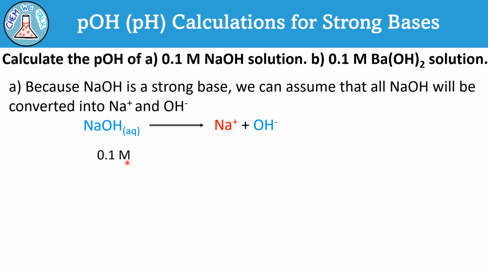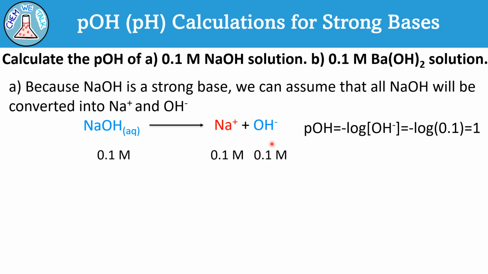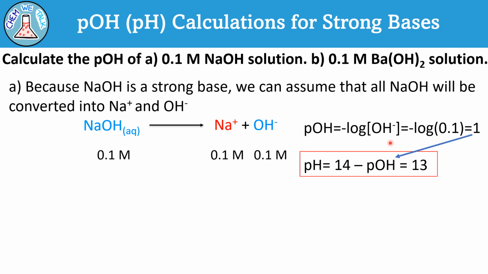So if we had 0.1 molar NaOH, that will break apart, producing 0.1 molar of each because the ratio is 1 to 1. Okay, so if I want to calculate the pOH, which is simply the negative log of OH-, we just take the negative log of 0.1, which equals 1. But if you're looking for the pH, we know from the previous slide that pH equals 14 minus pOH, which is going to be 13.